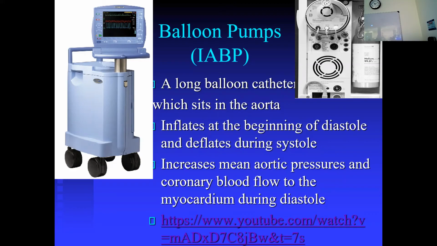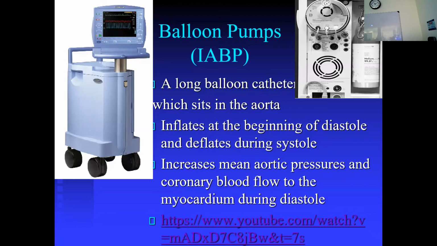And then right before the heart contracts, it deflates to let the blood get past it. And then it reinflates. So why in the world would they want to stick a balloon in somebody's descending aorta? And the answer is it helps relieve afterload, or it relieves the work of the heart. So that's the reason for a balloon pump, is that it relieves the workload of the heart.